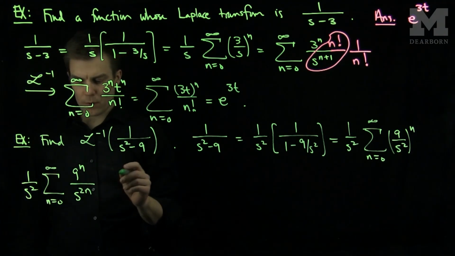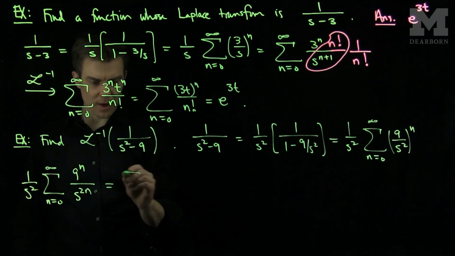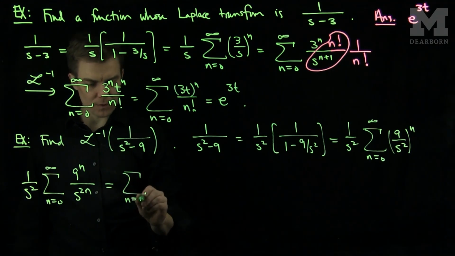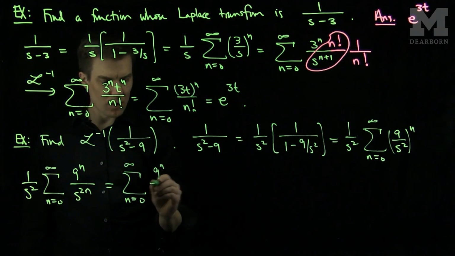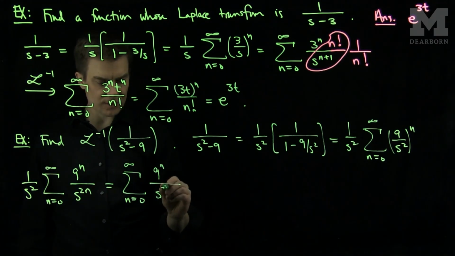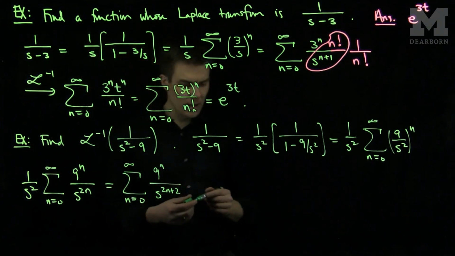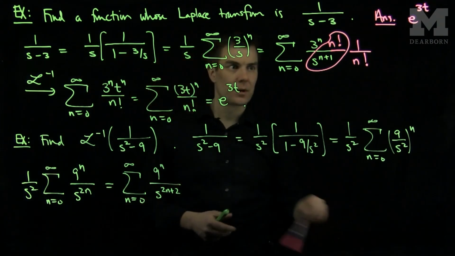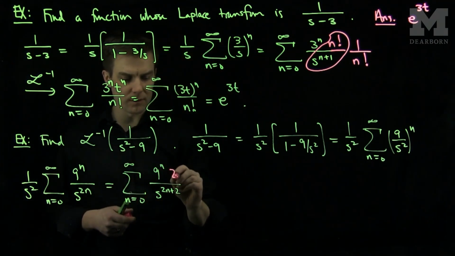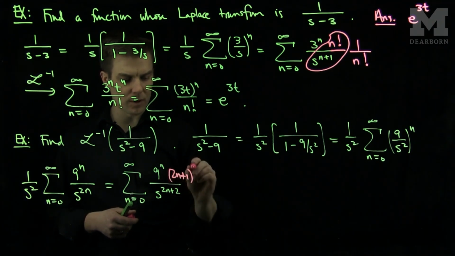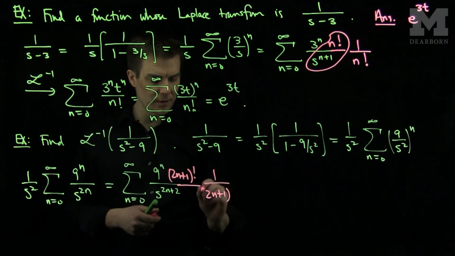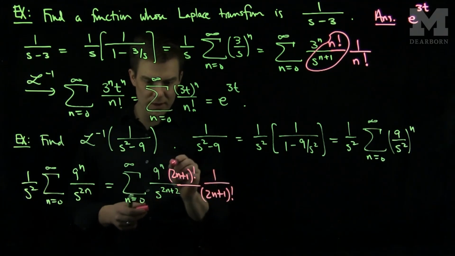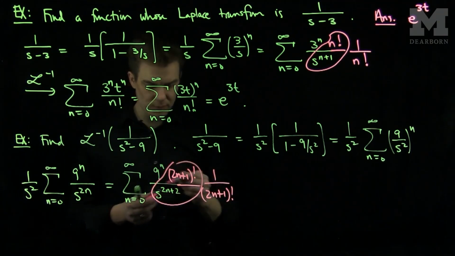And we will change this to the sum, n goes from 0 to infinity, 9 to the n over s to the 2n plus 2. And we'll introduce our factorials. So I will introduce 2n plus 1 factorial on top, and 2n plus 1 factorial in the denominator. And these terms are easy to inverse Laplace transform.